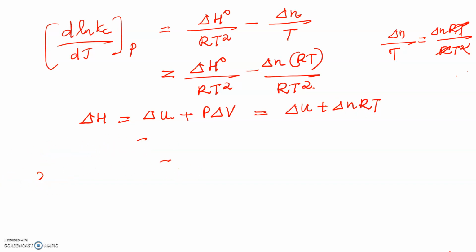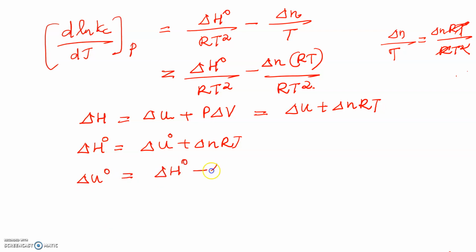So what is delta H now? Delta H is equal to delta U plus delta nRT. So what is delta H0? Delta H0 is equal to delta U0 plus delta nRT. Or what is delta U0? This is equal to delta H0 minus delta nRT.